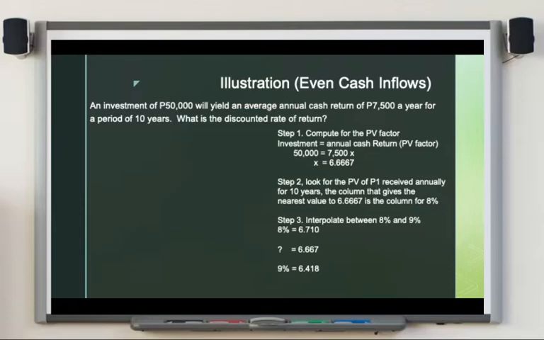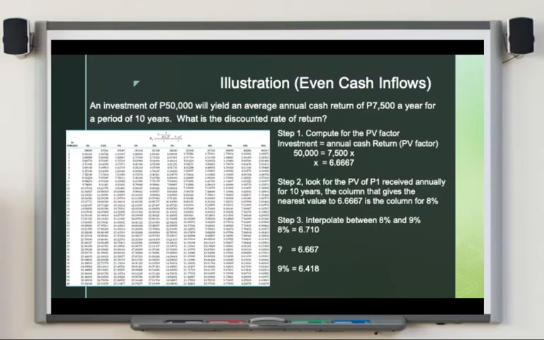even cash inflow. Assuming an investment of 50,000 will yield an annual cash return of 7,500 a year for a period of 10 years. What is the discounted rate of return, or simply the internal rate of return?